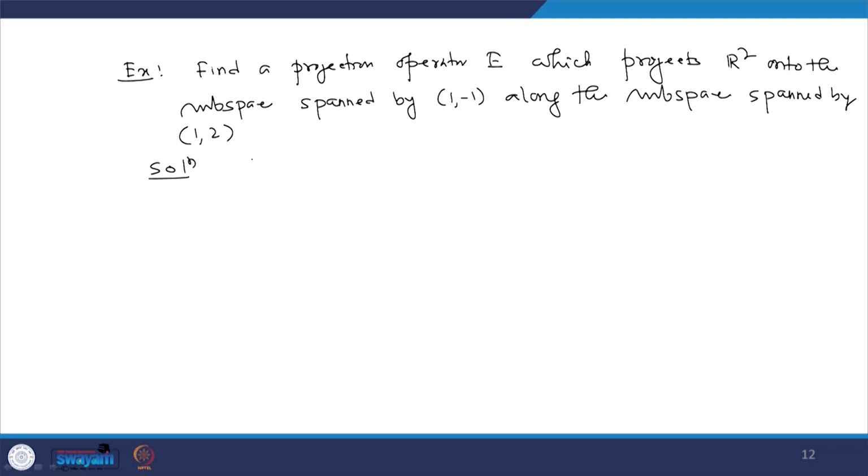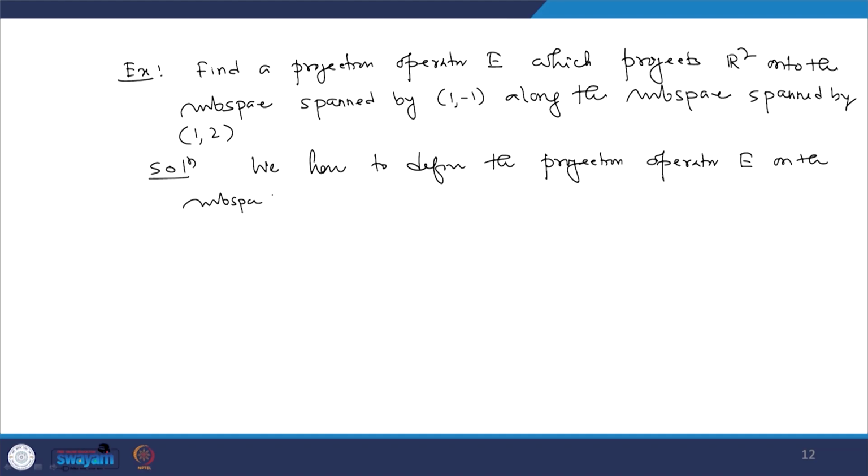We have to define the projection operator capital E onto the subspace spanned by (1, minus 1), which implies that R is equal to the linear span of (1, minus 1).